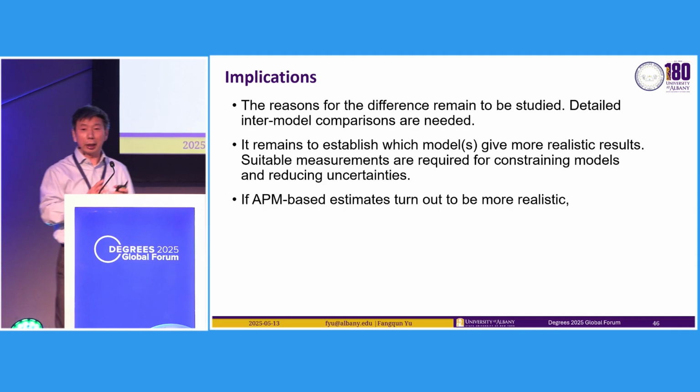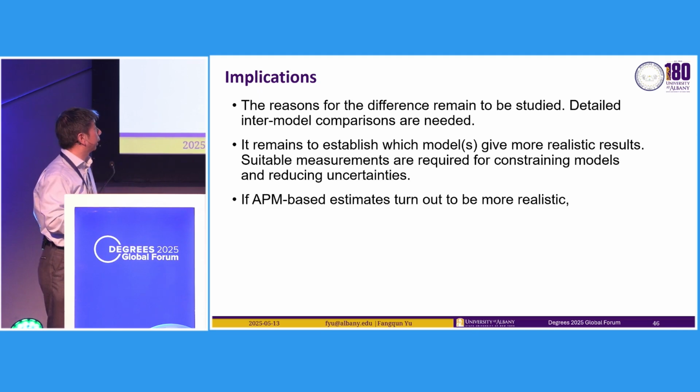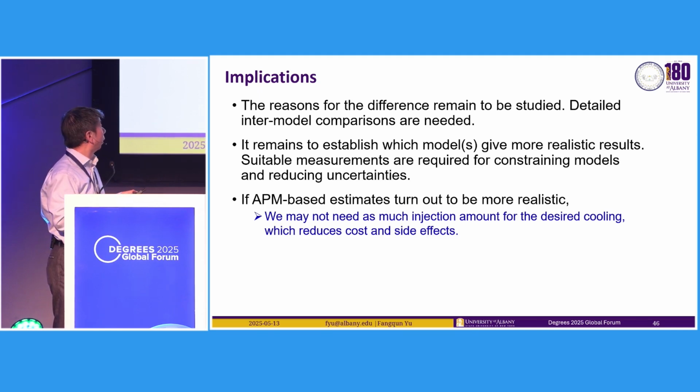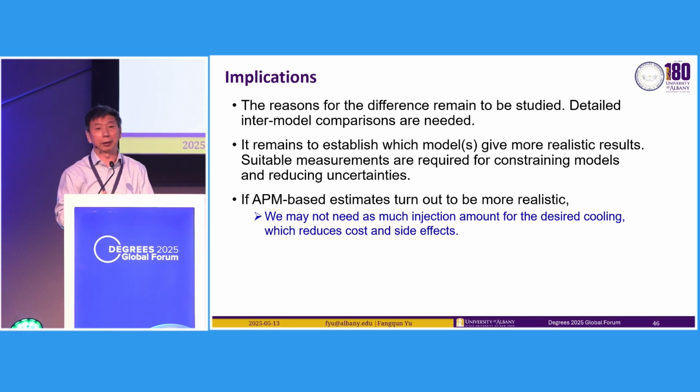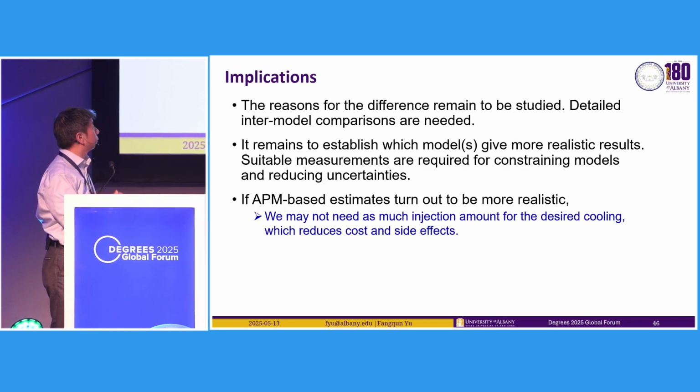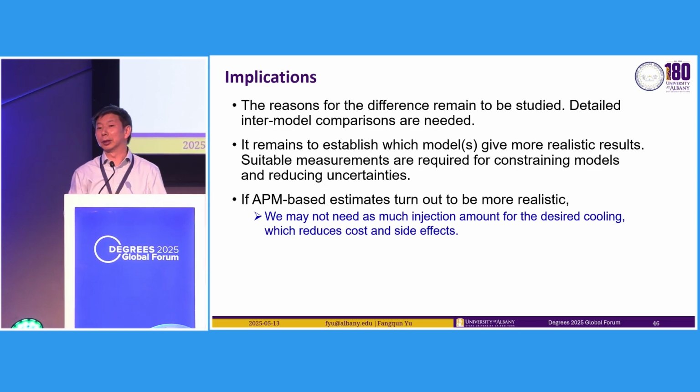If our APM model is more realistic, then there are some implications, and we need to find out if that's true. We may not need as much injection to get the desired cooling, which will again reduce the cost and side effects.